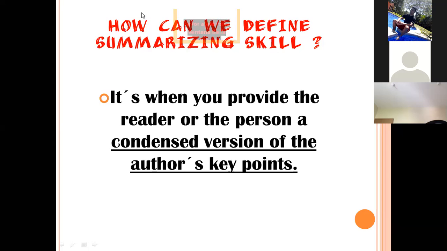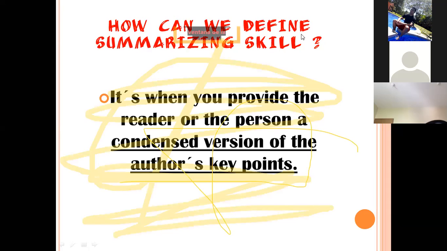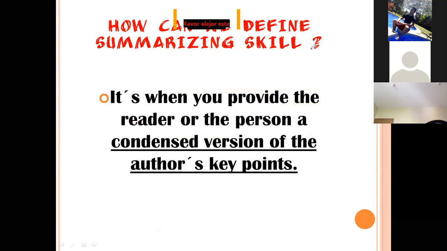Write in the chat if you finish. Okay, you are writing. Please don't write anything on the board because I can see who is writing. I have the option to see who is writing. Okay, you finished? Okay, wonderful.